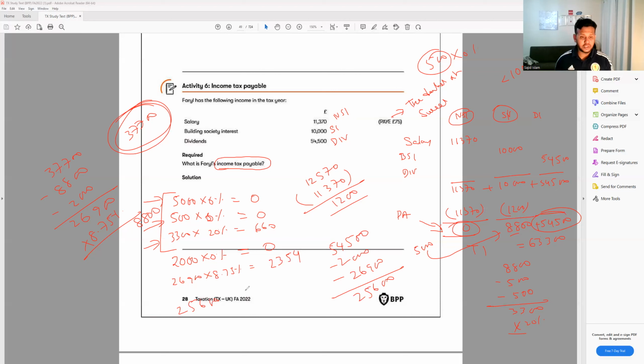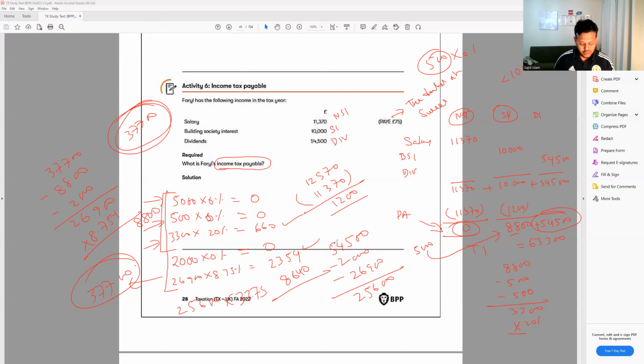The basic rate is finished, because up to here my 37,700 is covered. Anything after 37,700 will go to the higher rate, and the higher rate dividend tax is 33.75%. That gives me 8,640.